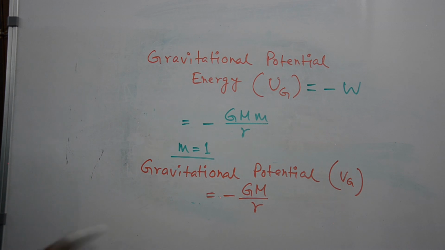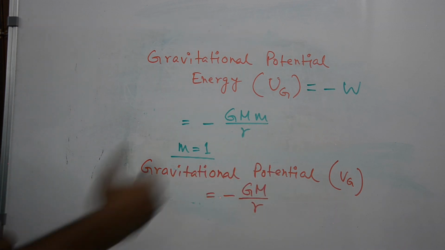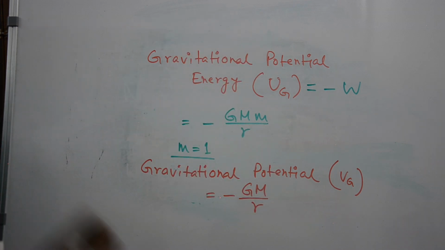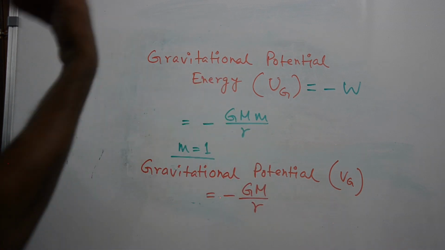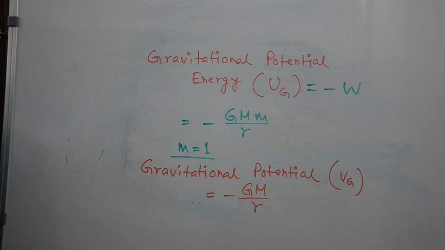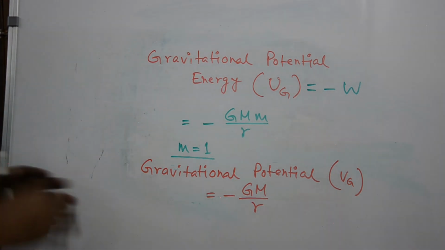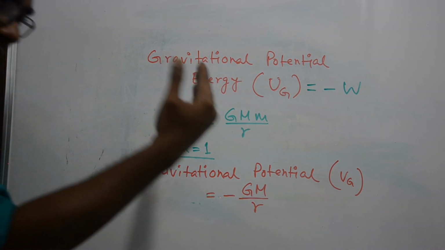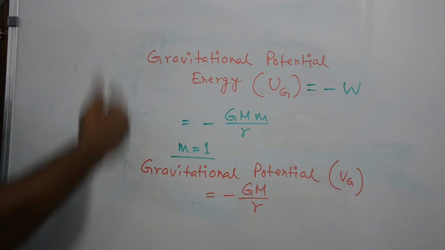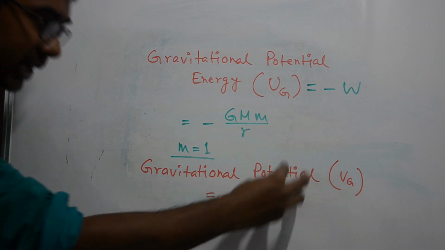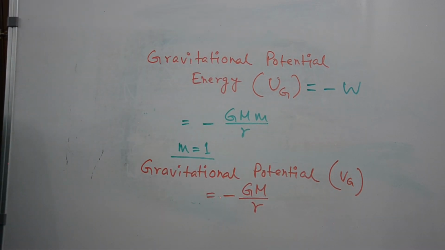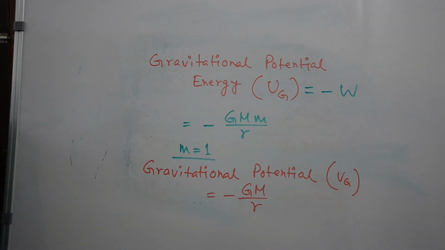If we want to calculate the gravitational potential energy, we just multiply this expression by the mass of the test mass, and we get the total gravitational potential energy. Just like our main focus was on the gravitational field instead of the gravitational force, in this case also our main focus will always be the gravitational potential instead of the gravitational potential energy. That's it for this particular discussion and lecture. Thank you.